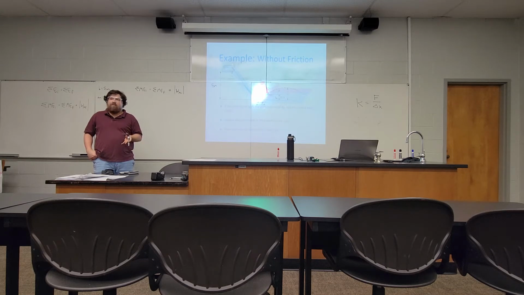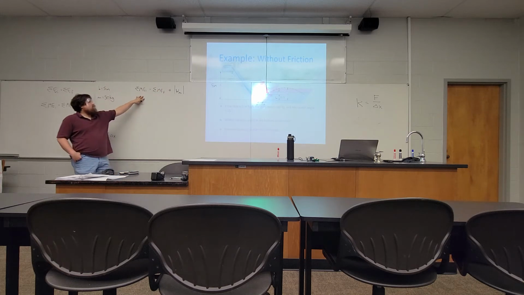Well, you would have energy. Kinetic energy would be 0 because you're not moving yet. But what form would you have sitting 5 meters in the air? GPE. Very good.